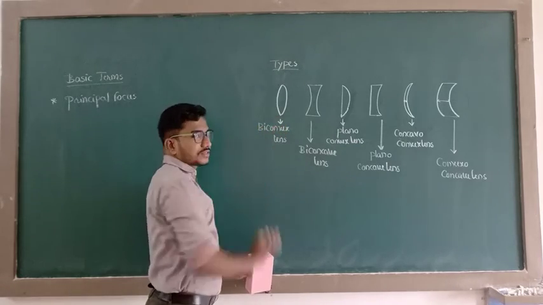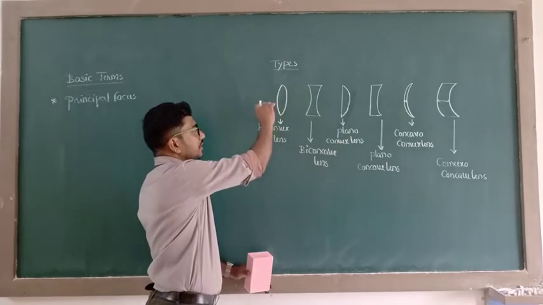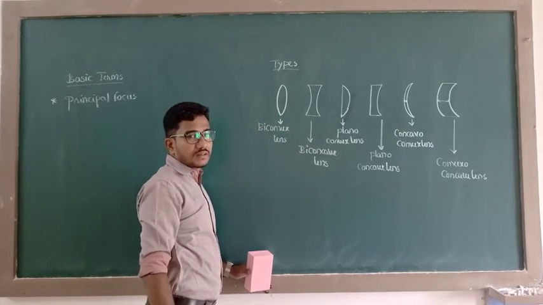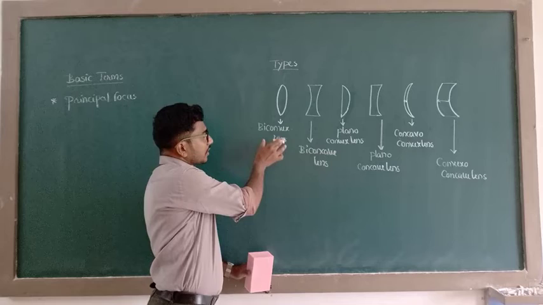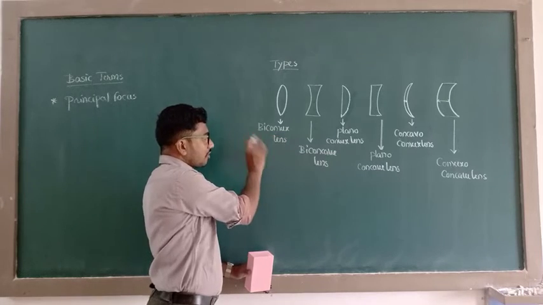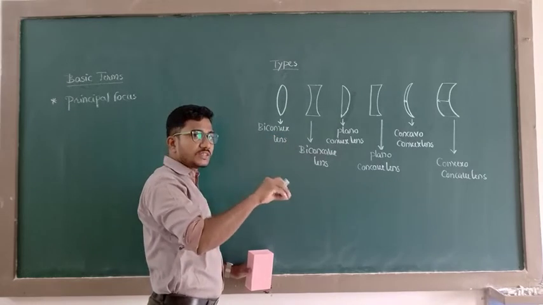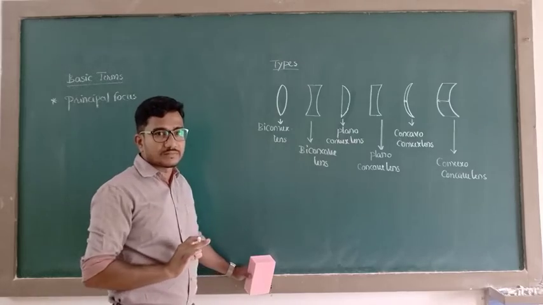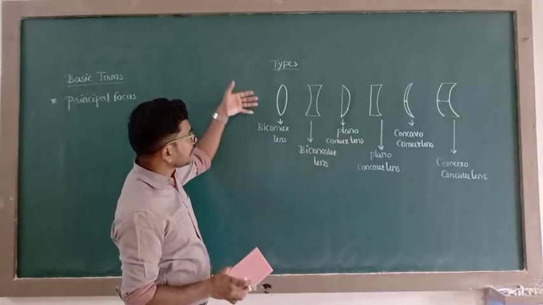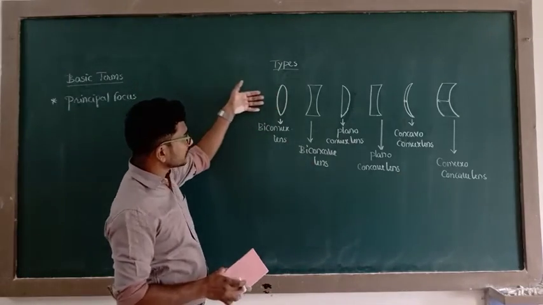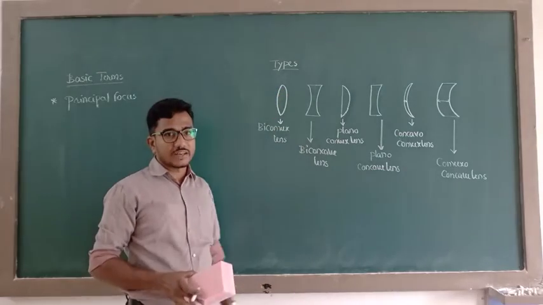That is the convex lens. Hence this convex lens is also known as a converging lens, because when a parallel light beam passes through this lens, it converges the light rays.